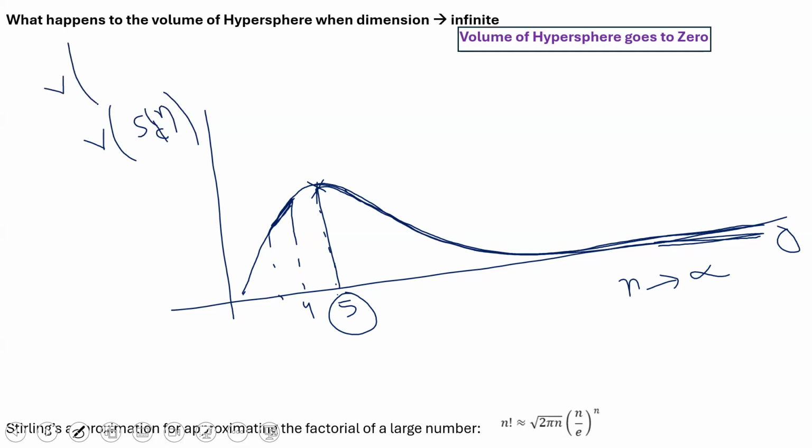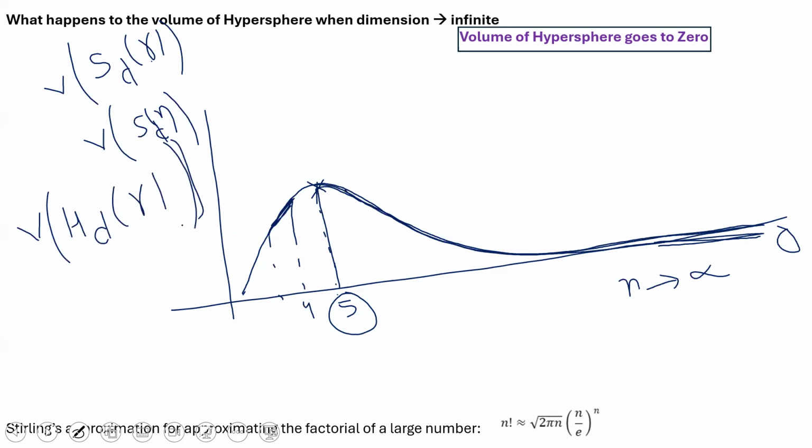This is the volume of a sphere in d dimensions of radius r. Okay, so this is the notation: volume of a sphere in d dimensions with radius r. And when you talk about the unit sphere, r becomes 1. And the hyperball is represented like this: volume of a hyperball in d dimensions with radius r. Okay, so these are the notations for hypercube and hyperball.